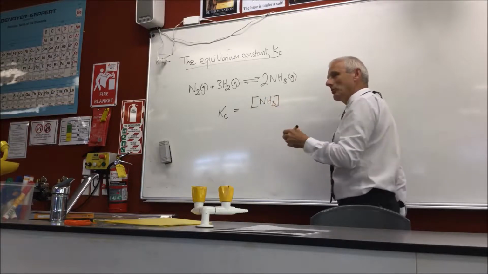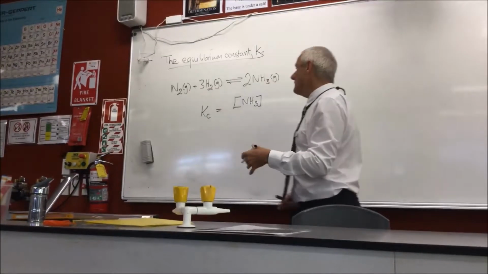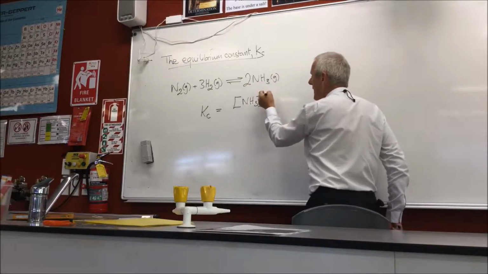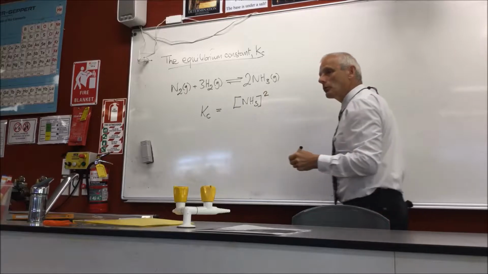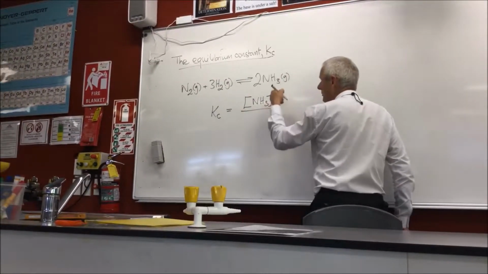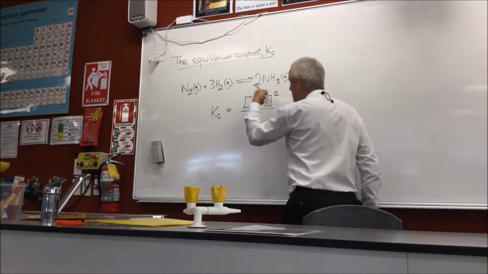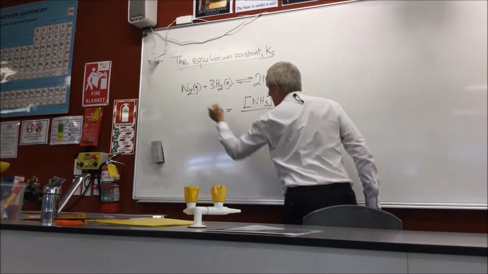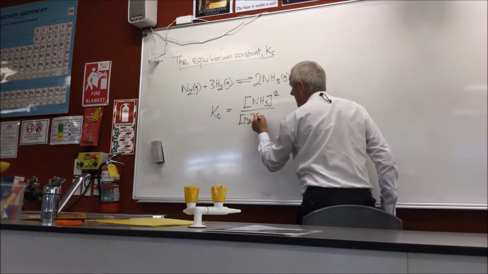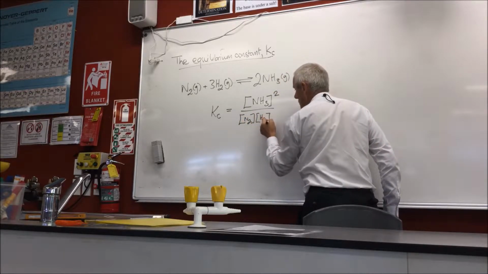Now, this is a great reaction because there's extra bits that we have to allow for. The fact we've got a 2 here means that we have to square this. Everything is either multiplied or divided, no pluses. Note this number shouldn't be at the front, it should be a power. So we've got nitrogen and then H2 cubed.